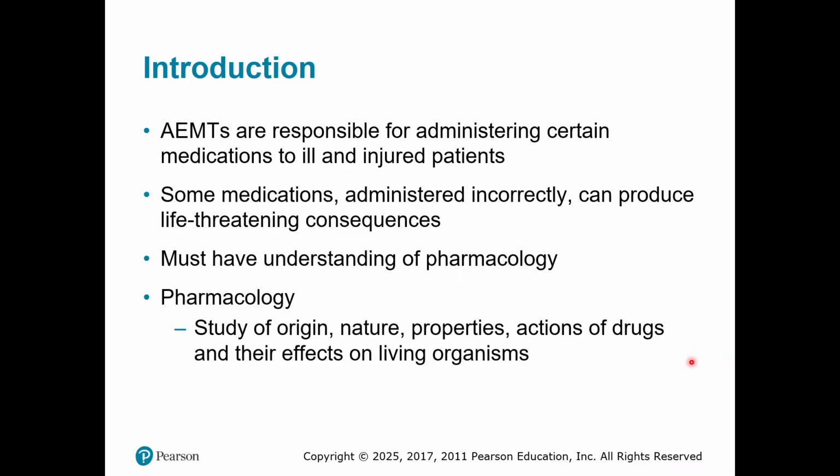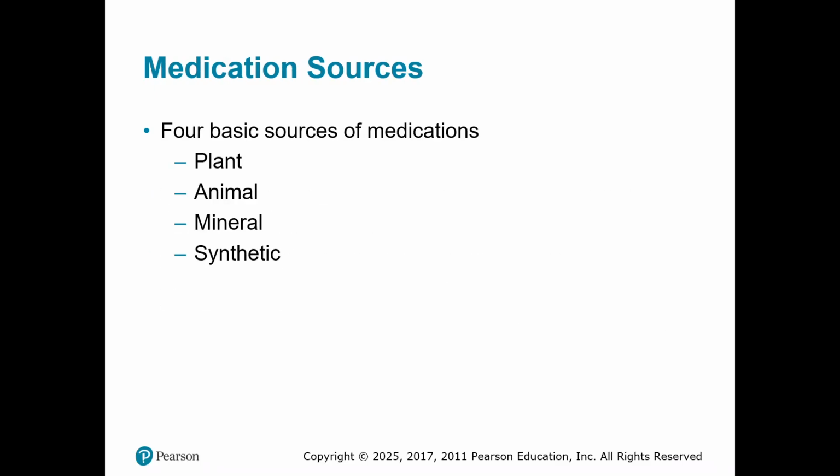Pharmacology is the study of the origin, nature, properties, and action of drugs and their effects on living organisms. So there are 4 basic sources of medications. Those sources are plant, animal, mineral, and synthetic.